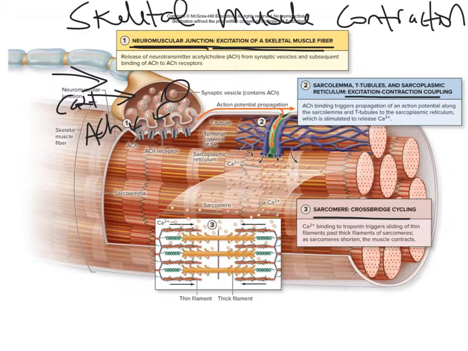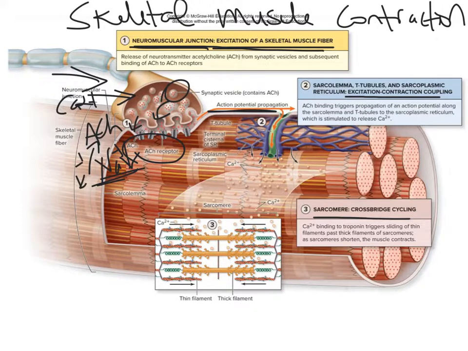Acetylcholine is going to diffuse across the synaptic cleft. It binds to acetylcholine receptors and causes sodium to move in. It also causes a little bit of potassium to move out. It's primarily the sodium moving in. You'll get enough change here that you activate an action potential. And that action potential is propagated.